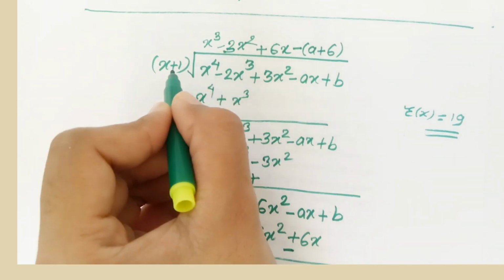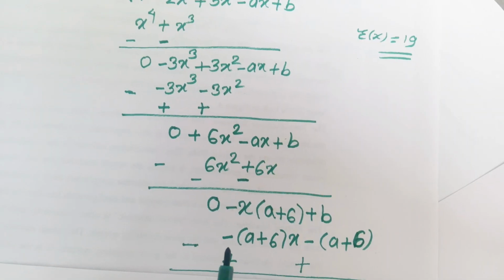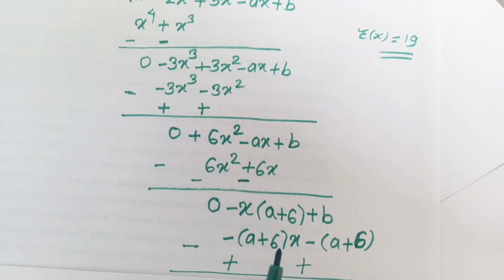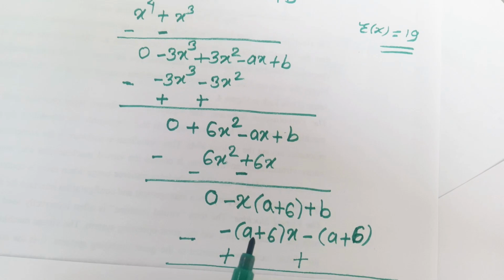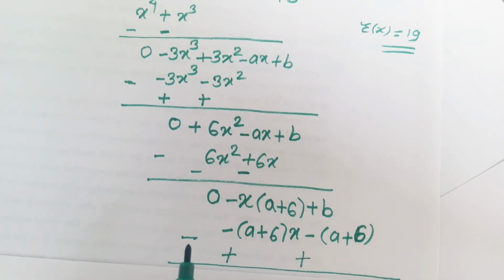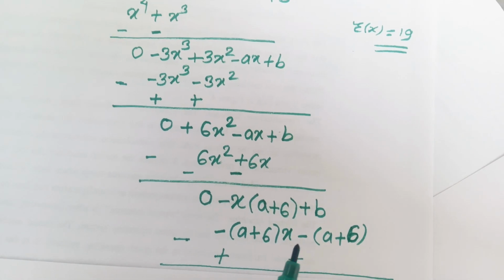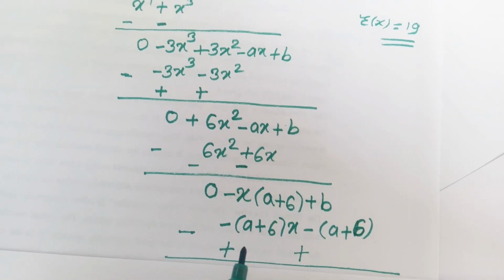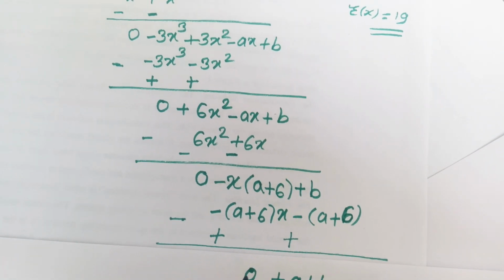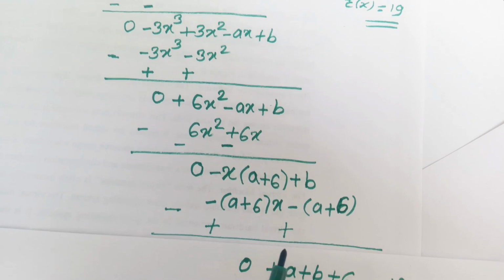If we multiply this term to x plus 1, then we get minus a plus 6 into x minus a plus 6. Now here this term is similar, we are subtracting, so minus of minus is plus and here minus of minus plus. So here minus this term, similar plus of this term is 0, and here the addition of this term is a plus b plus 6.